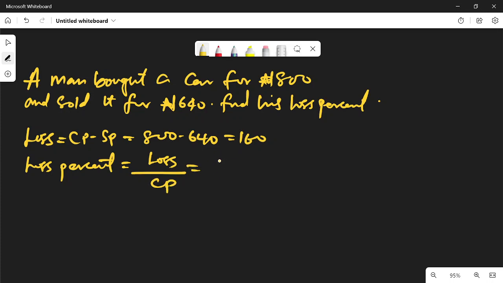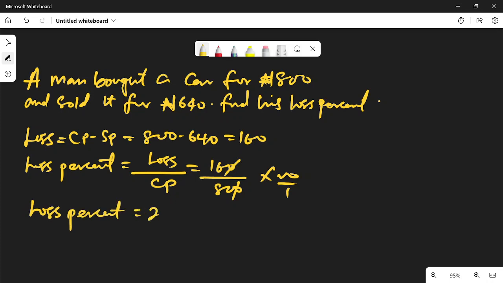So that means we have 160 divided by 800 multiplied by 100 over 1. So 0 will cancel 0 here. So we have the loss percent equal to 20%. Okay?